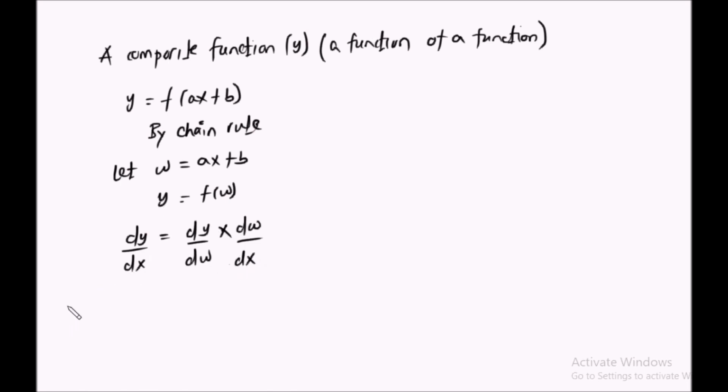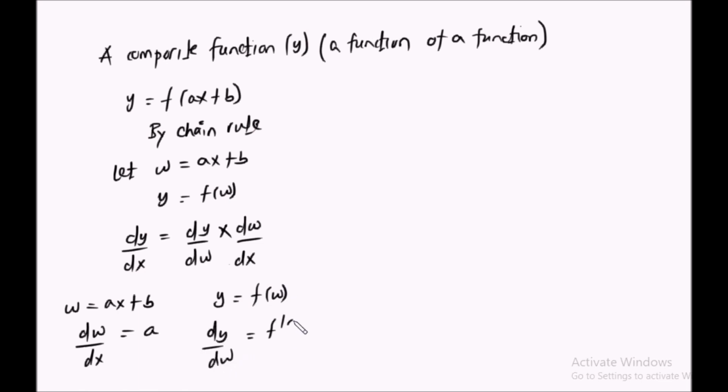So in our case here, w now is equal to ax plus b. Our dw dx itakuwa ni nini? A, okay? Mnaweza differentiation. And from here, y is equal to f of w. Our dy dw itakuwa sasa nini? F dash w, like this. So our dy dx is going to be dy dw ambayo ni f dash w times, tunaona chain rule natumia, dw dx ambayo ni a.